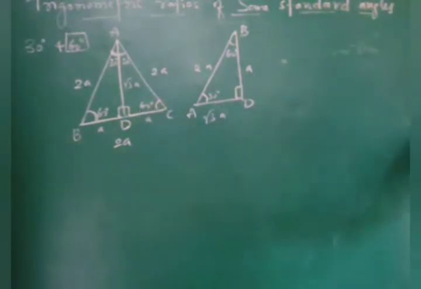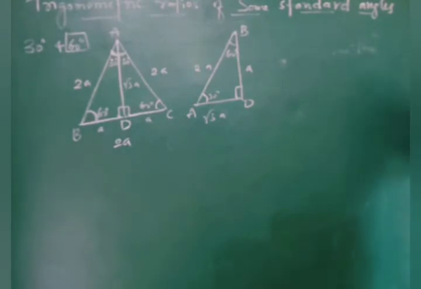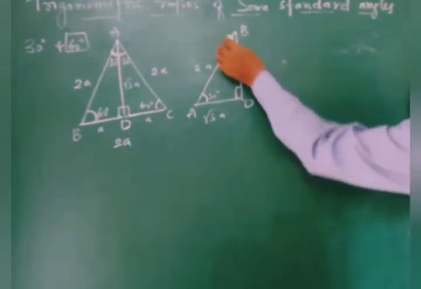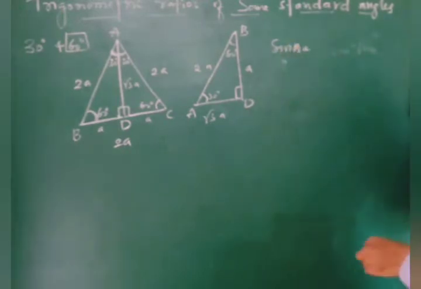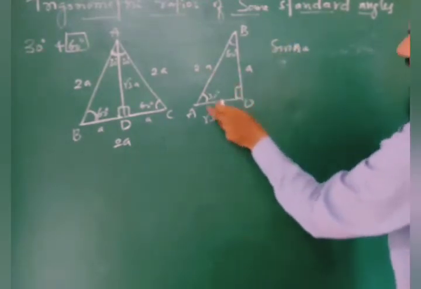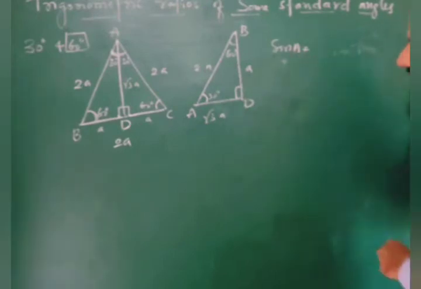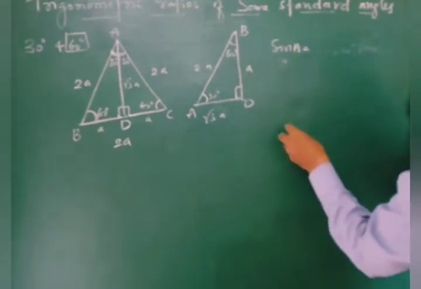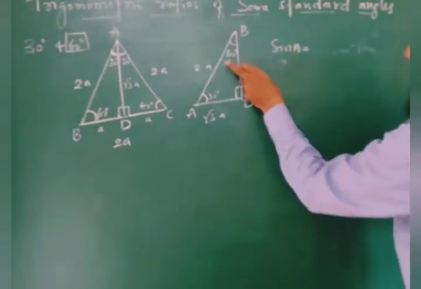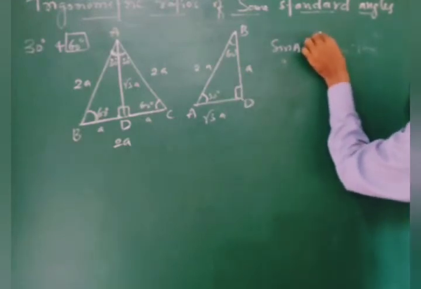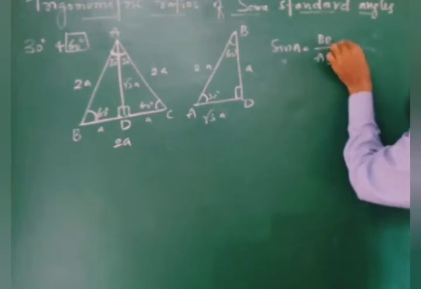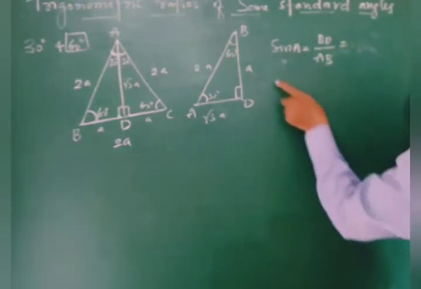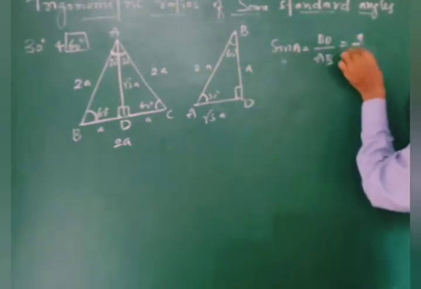Now simplify just by using trigonometric ratios. Sine A equals to, all three sides we have now, right? Sine A value is perpendicular by hypotenuse, that is BD by AB, that is nothing but A by 2A.